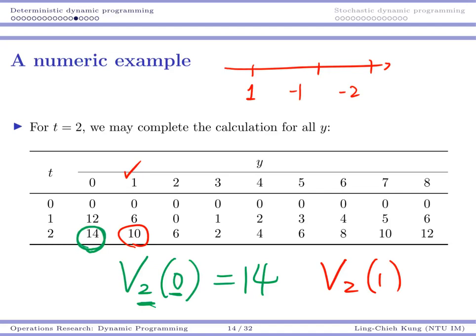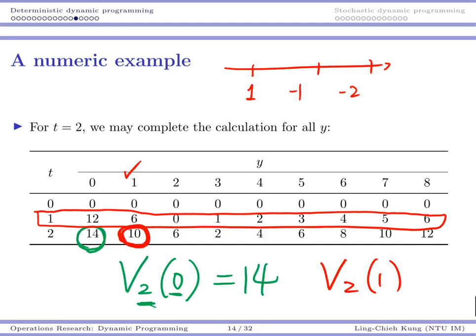I'm going to pretty much repeat what I did previously for y equals 0. I'm going to be able to solve the case for y equals 1, y equals 2, y equals 3, and so on. Every time I want to make a calculation for a particular initial inventory, I need to check the table or the row that I just prepared for the next day.